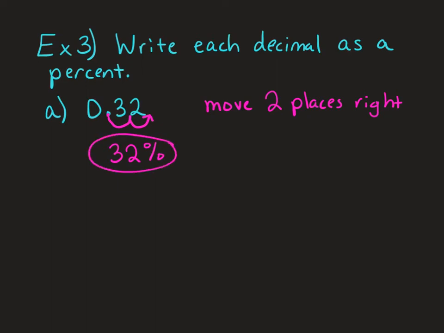And just a quick way to see if we're on the right track, you can think of decimals as the amount in dollars. So I could have thought of this as $0.32 written with a dollar sign. When you move to a percent, it's like the cents, 32 cents. Those have the same value. Going from a decimal to a percent works the same way.